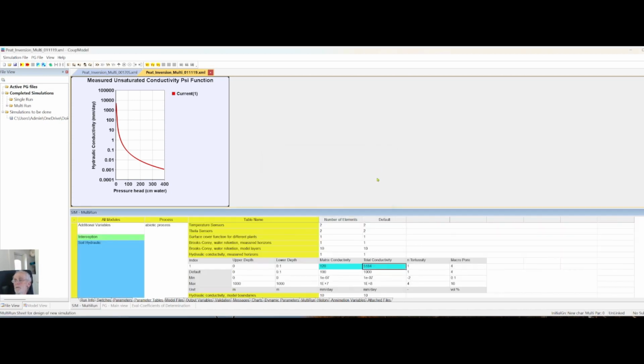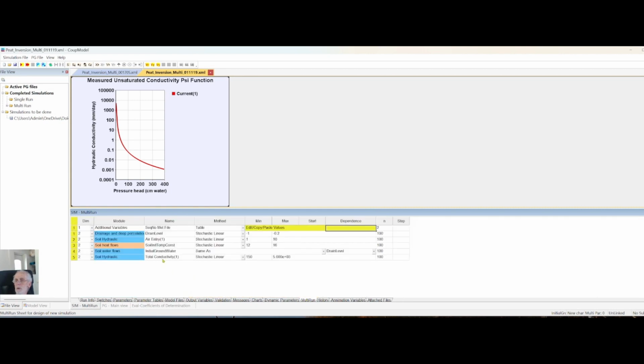So that should give us more flexibility with respect to the lower boundary conditions. And we have now both the total conductivity and the initial groundwater together with the drain level, and also, so at least we have 4 parameters to create some flexibility for the water flows and the hydrological conditions.